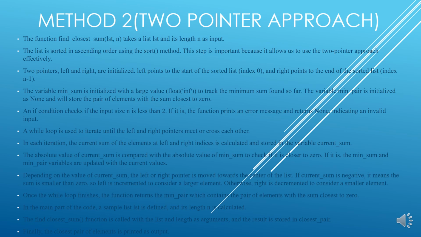Left points to the start of the sorted list, index 0. The left pointer points to the index 0 element, and the right pointer points to the last element in the sorted list. In that way, by using a while loop, some minimal pair values and some built-in functions, we are getting the output we need.